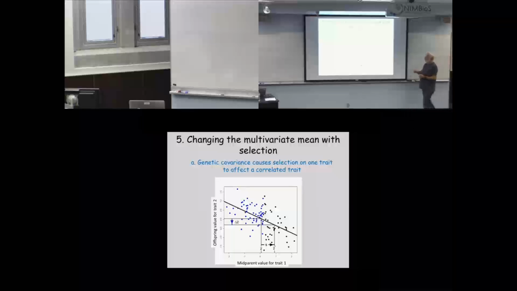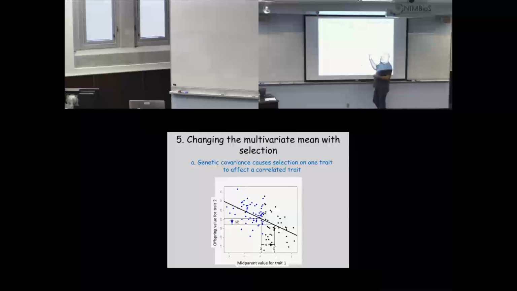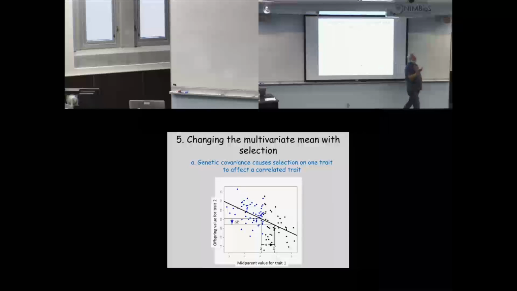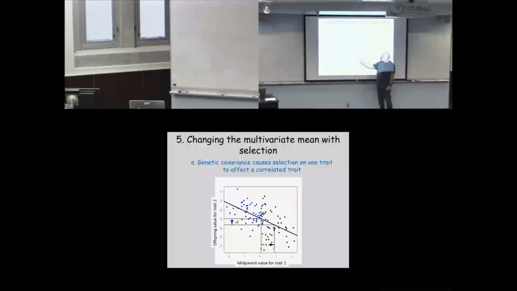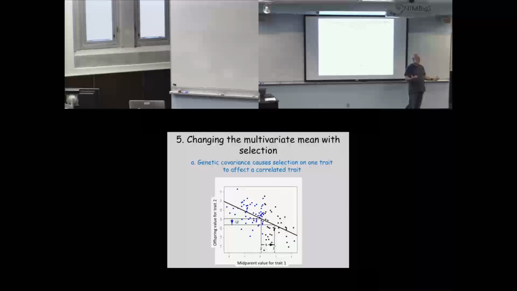So this slide also helps us understand why animal breeders and plant breeders incorporated this concept of negative genetic correlation into their breeding designs. Because if you're doing a breeding program and you're selecting on, say, some favorable trait, and you get negative responses in other traits you're interested in because of negative correlations, you need to account for that in your breeding program.